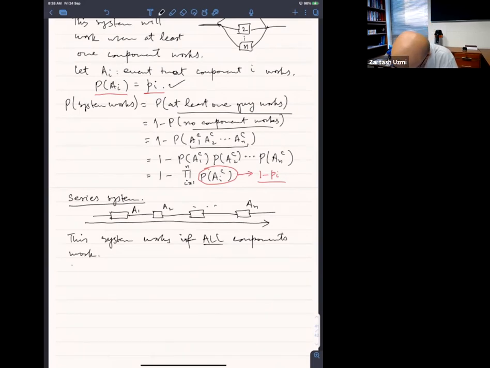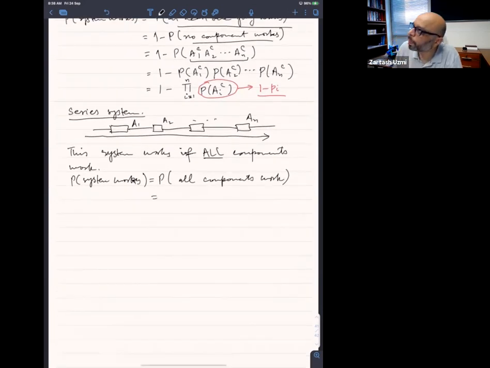So in this case, the probability that system works is equal to the probability that all components work, which is equal to the probability that A1 works and A2 and A3 and AN. So all of these events occur. पहला component काम कर रहा है और दूसरा and तीसरा and nth.